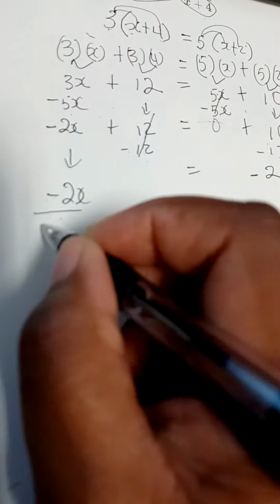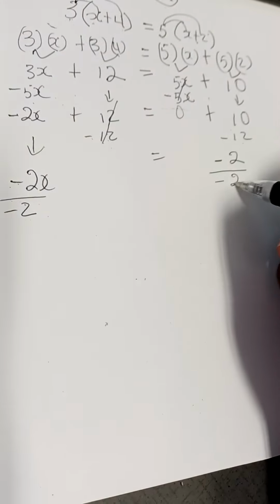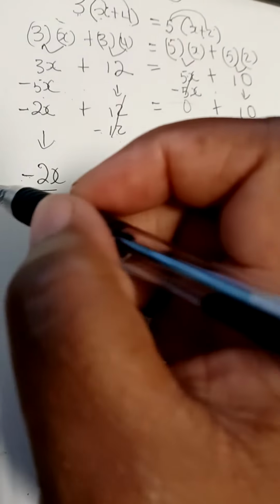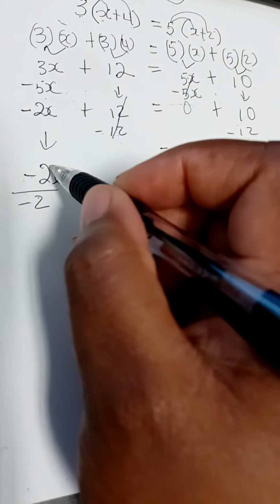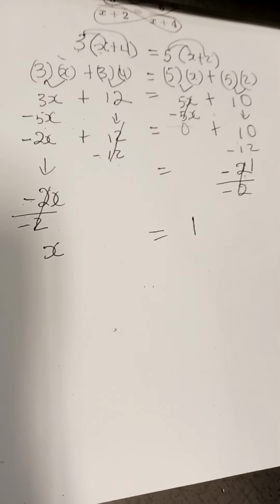When we divide negative 2x by negative 2, the 2's cancel out, so we're left with x. And negative 2 divided by negative 2 leaves 1, because 2 into 2 goes 1. So your x is equal to 1.